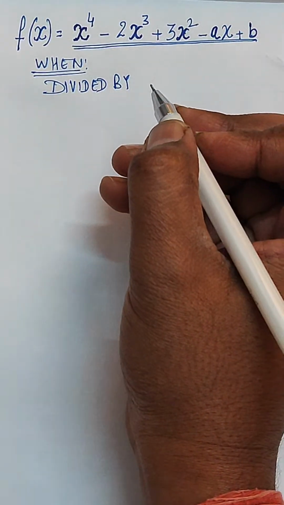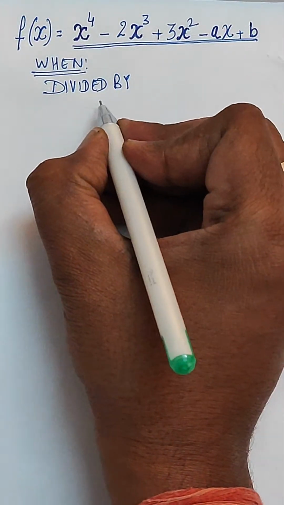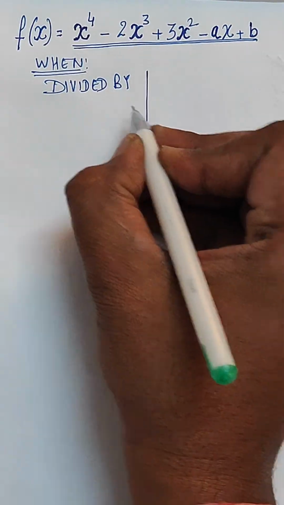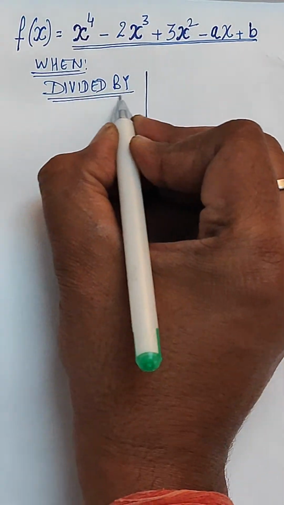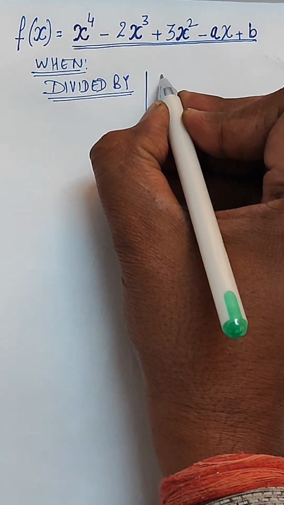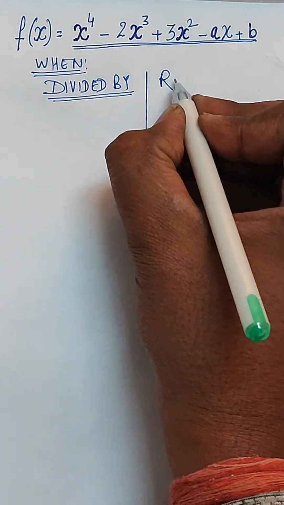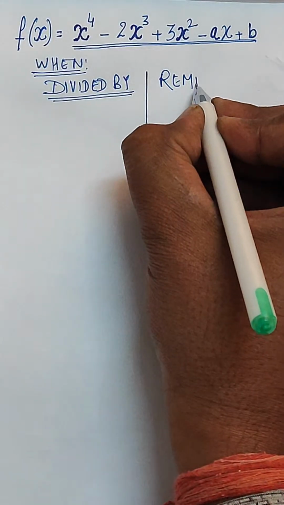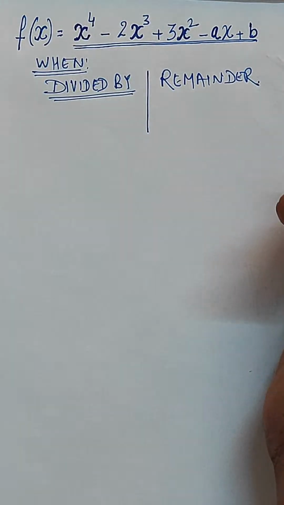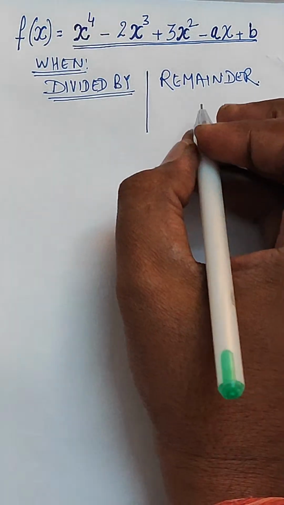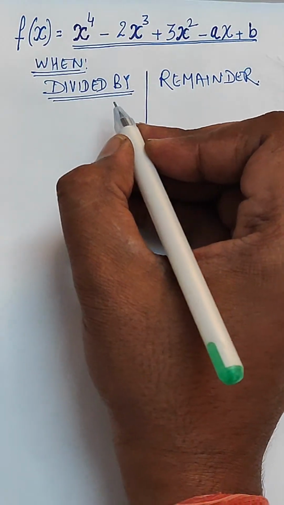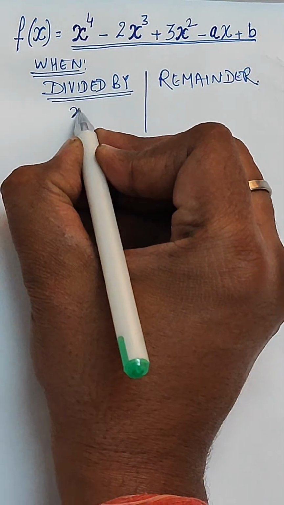As per the question, it is divided by x minus 1 and x plus 1, two terms.